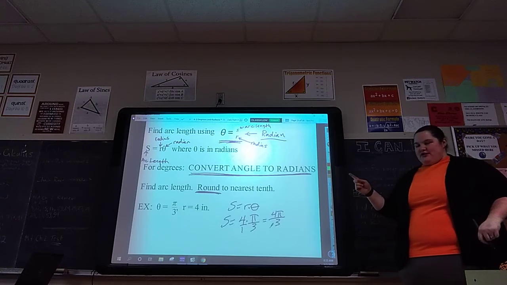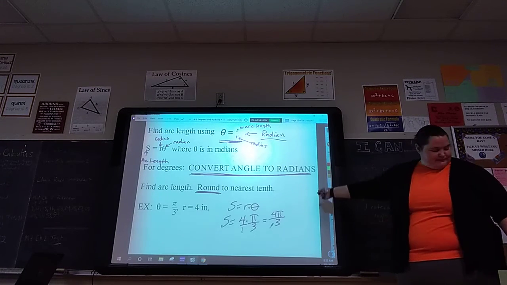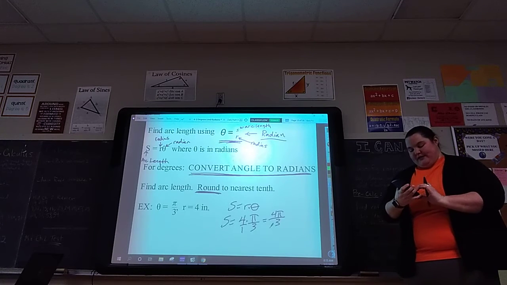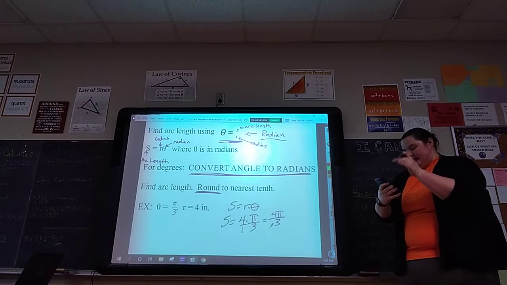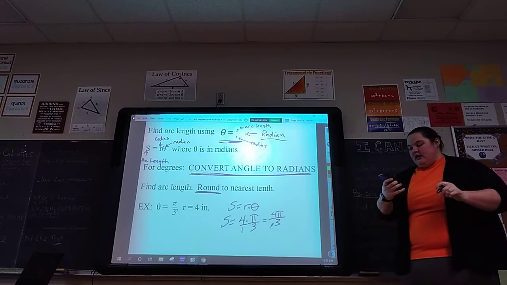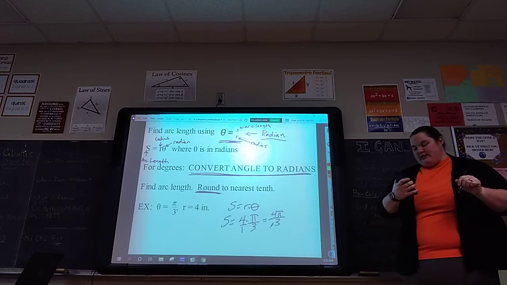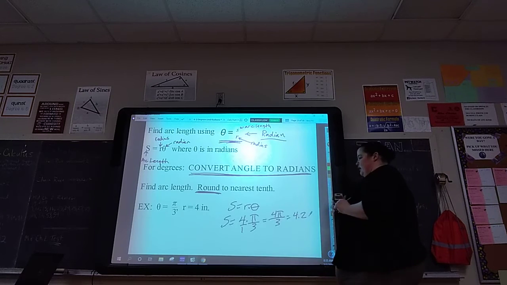Now, I have to pay attention to the direction to round that. Okay, so how can I round that? Well, I have to take 4 times pi, which is 12.56637, and then divide that by 3. So I have 4.18879. So we're going to say that that's 4.2.